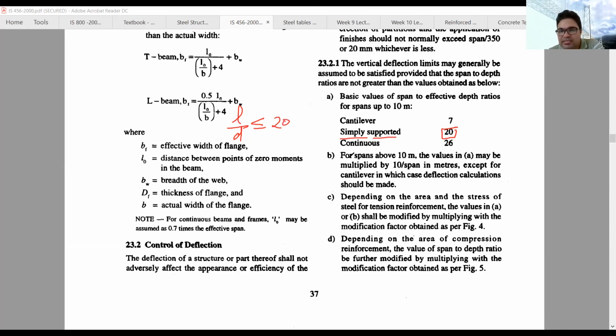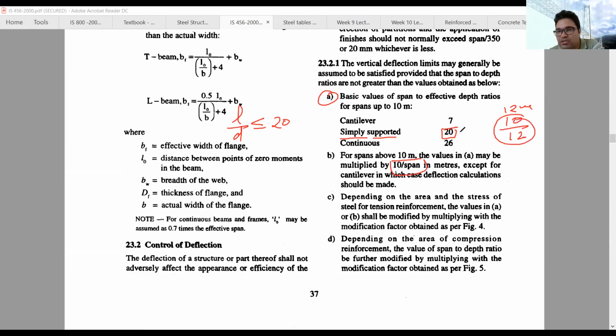And it says if the span of the beam is more than 10 meter, then the value of A from this clause may be multiplied by the ratio 10 by span. For example, if the span is 12 meter, we will multiply this value by the ratio 10 by 12.